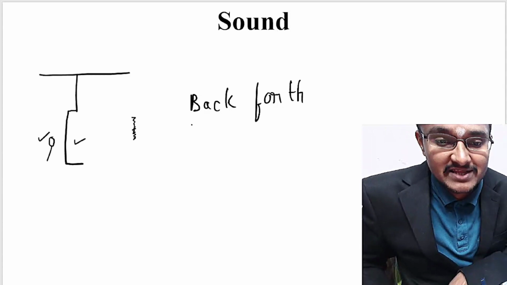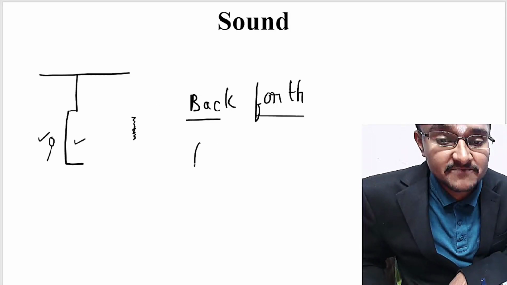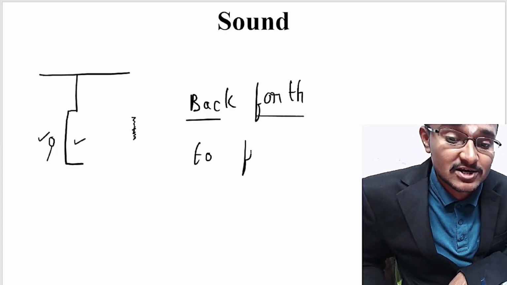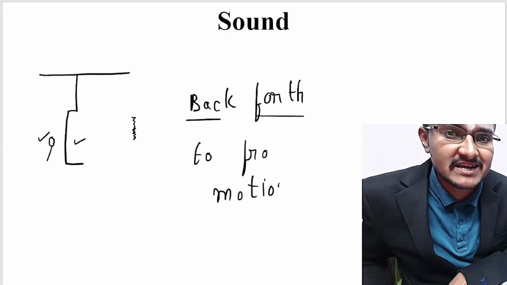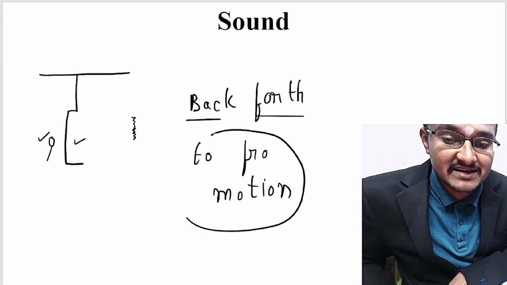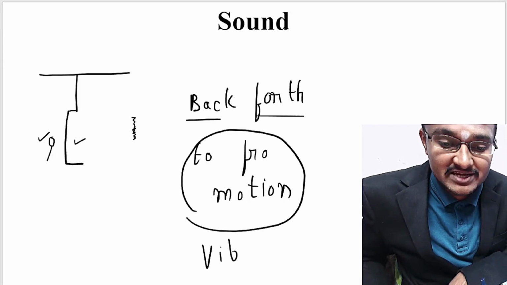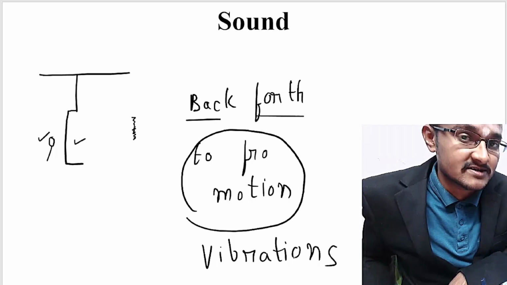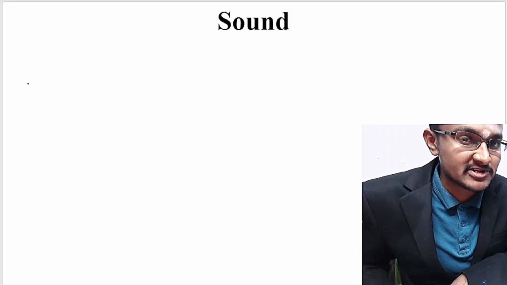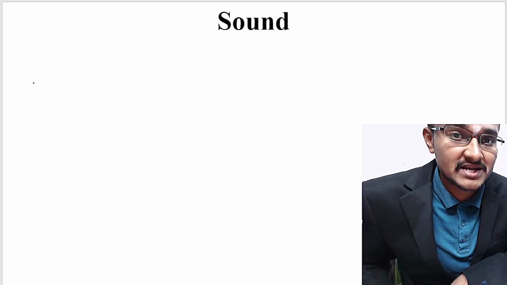So you can call that back and forth motion, or you can also call it to and fro motion. This to and fro motion of any object generates vibrations, and only when vibrations are generated, the sound is heard.